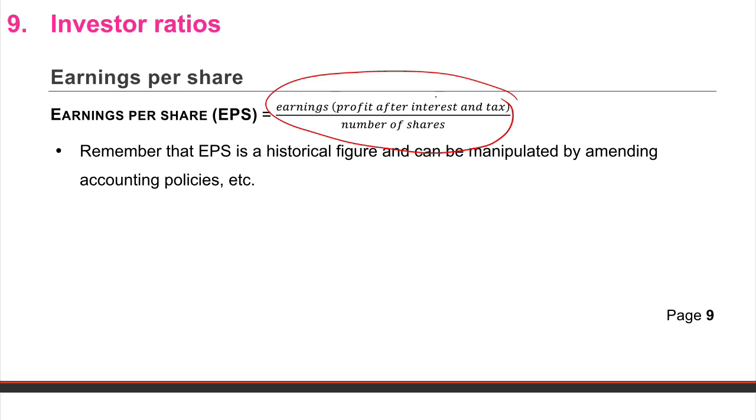And you can't use it to compare businesses. So if I've got, for example, company A and company B, and the earnings they've got is, say, 10 each, and the share capital they've each got is $100.